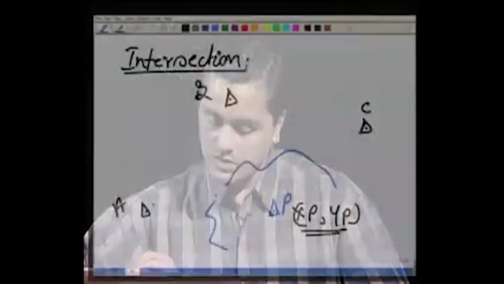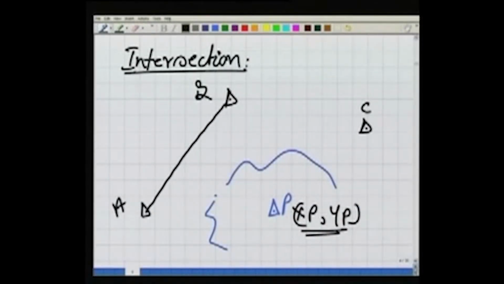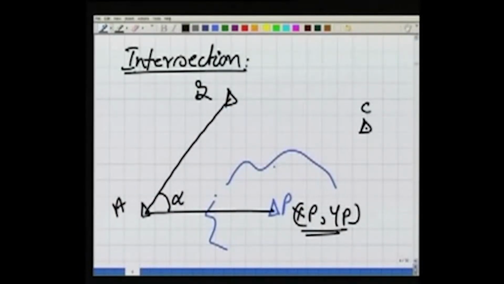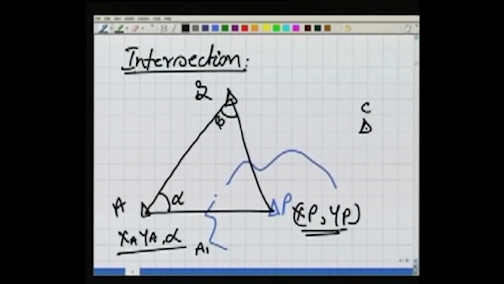The meaning is, I will stand at A, and from A I will measure, let us say, the angle alpha. This is possible. The triangulation station A is our station. We can measure angle alpha. Similarly, I will go to, let us say, B, and from B also I will measure the angle beta. Once I have done it, now using the coordinate of A, xA, yA and the angle alpha, I can write the equation of line AP.